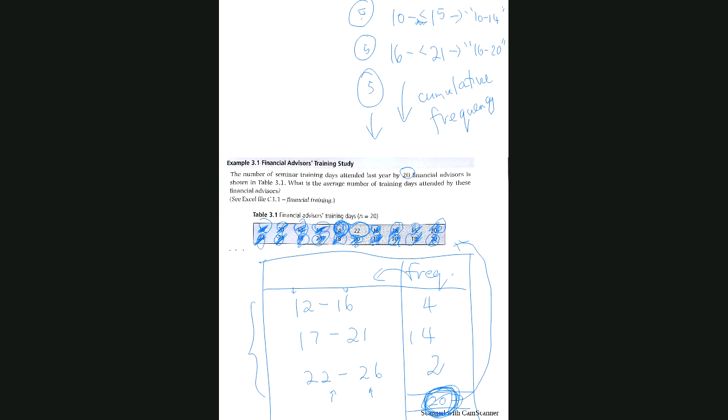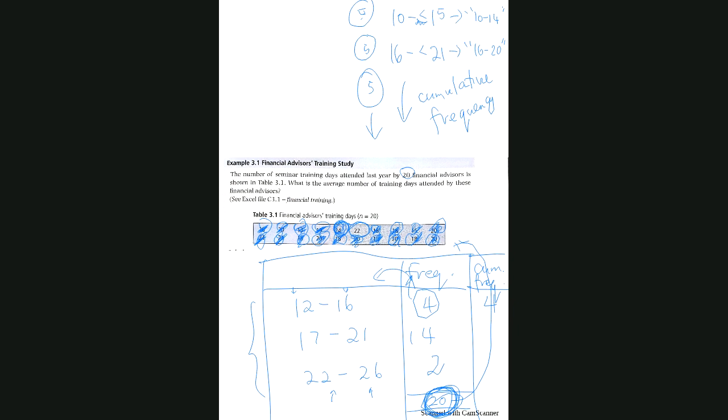So for instance, let's suppose we added on a column here and we said cumulative frequencies. So cumulative frequency is adding up the first frequency to anything above it. There is nothing above it, so the cumulative frequency will be 4.